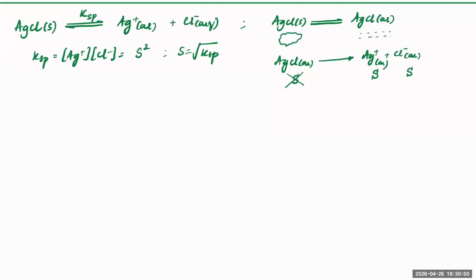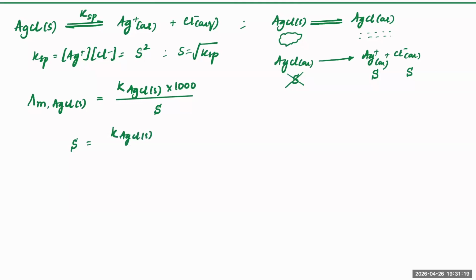Therefore, from there I can get the value of solubility also. So I can write lambda m of AgCl is kappa of AgCl into 1000 divided by the concentration of AgCl dissolved in water, which is S. So S is equal to kappa of AgCl into 1000 divided by lambda m of AgCl.